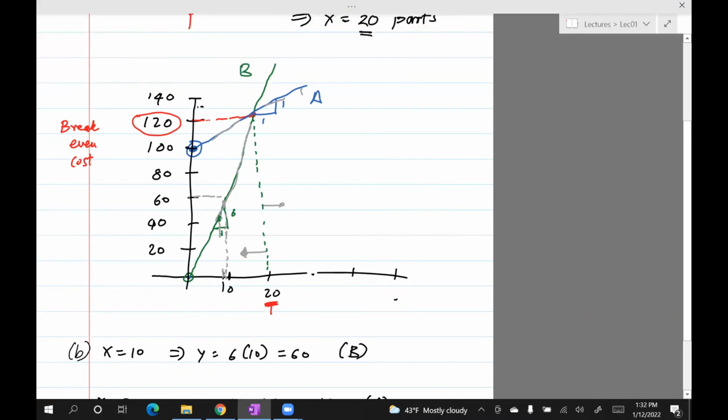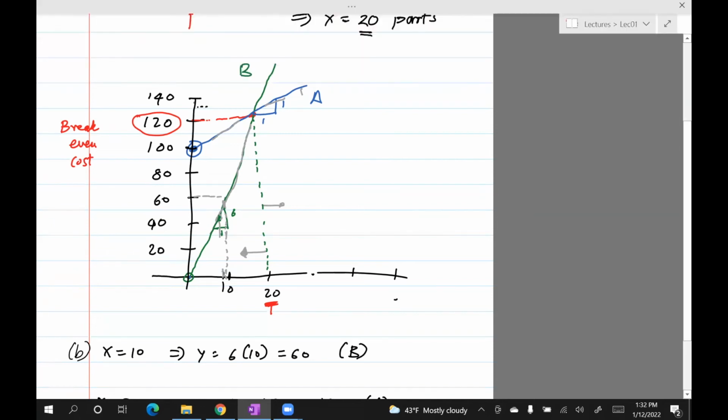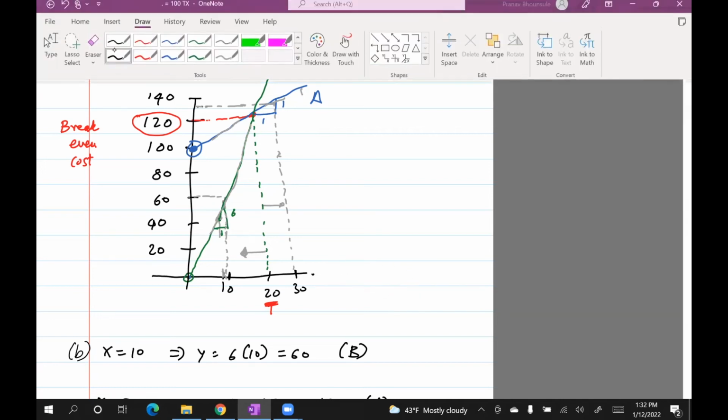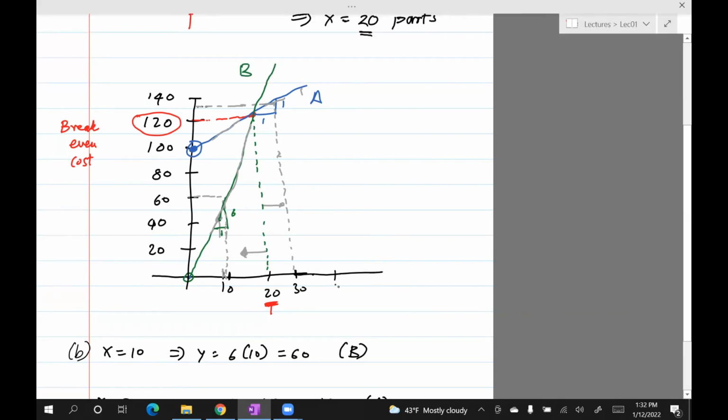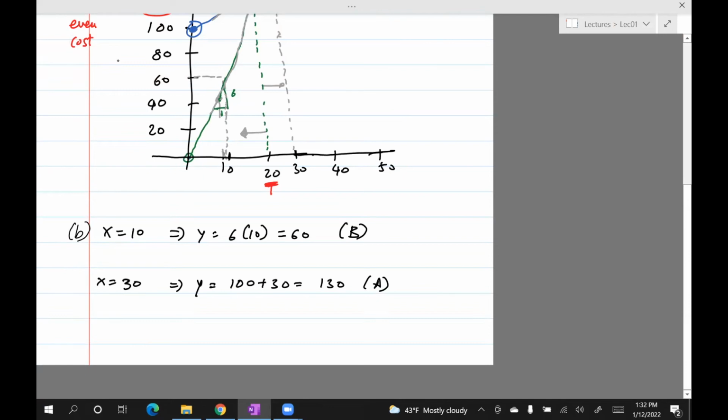It should be 130, which is over here. Okay, my figure is badly scaled, but I hope you get the idea. So that's the answer. Any questions on this?